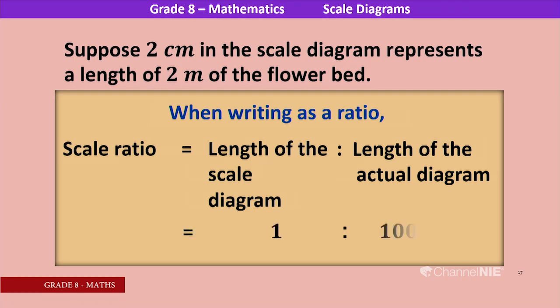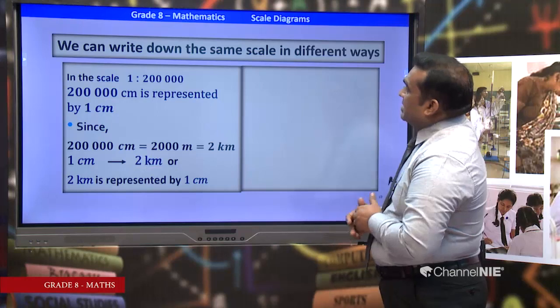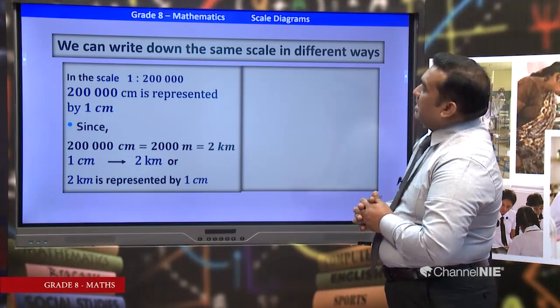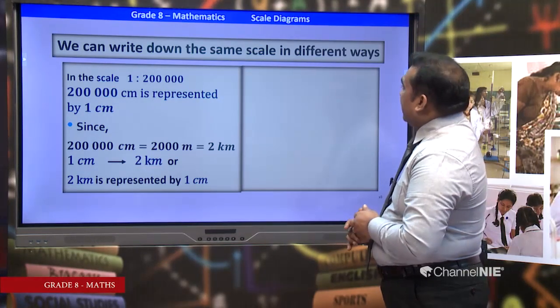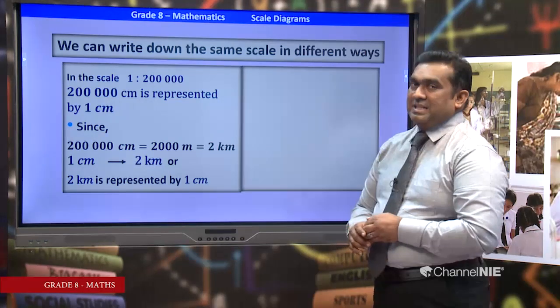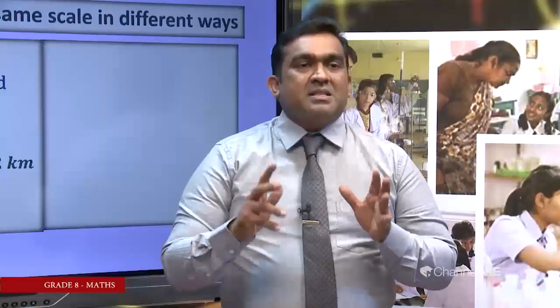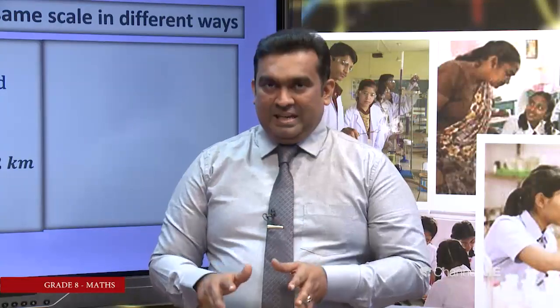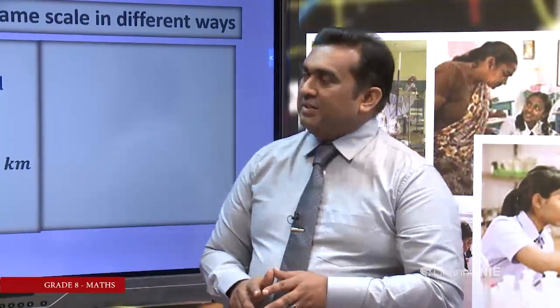We see here 1 is to 100, because 1 centimeter represents 1 meter, and 1 meter means 100 centimeters. As a result, 1 is to 100. The scale as a ratio. We can write down the same scale in different ways.